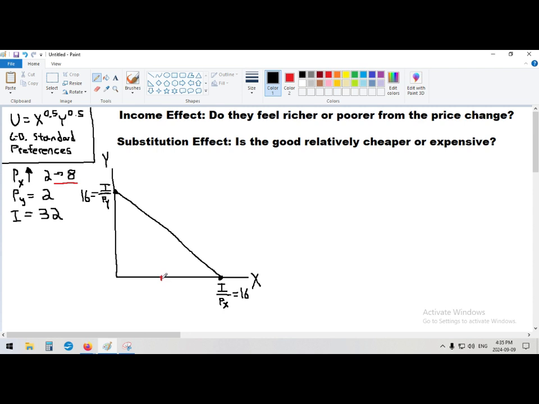So it's going to move it down to here. So we're going to have this shift in here. And you can see here, all these bundles, and this base here is lost. So this base here is not affordable anymore.